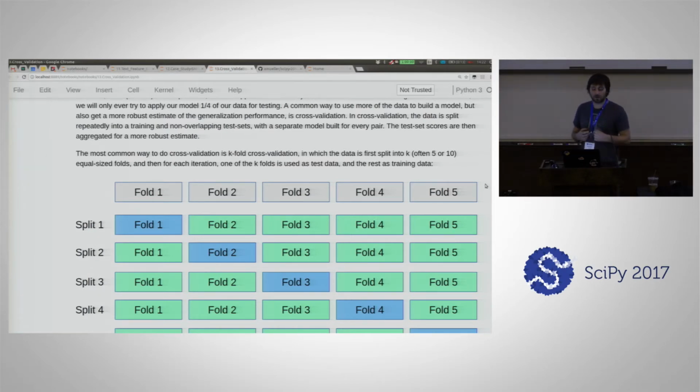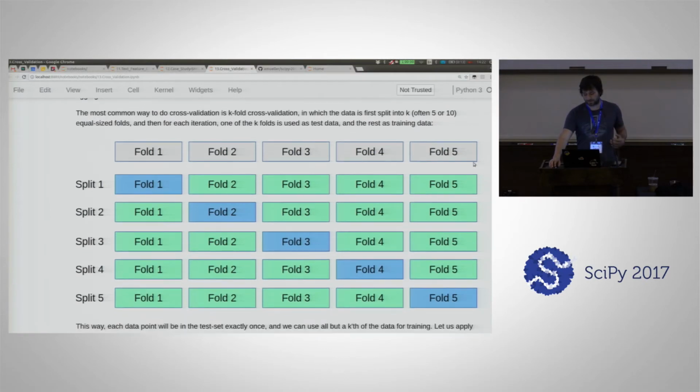For the first model, fold 1 is the test set, and the remaining 4 folds are the training set. I build on the training set, I score on the test set, and I get one accuracy value, or whatever my metric is. Then I build a second model for the second split, where fold 2 is the test set. Again, I get my score. And I repeat this 5 times.